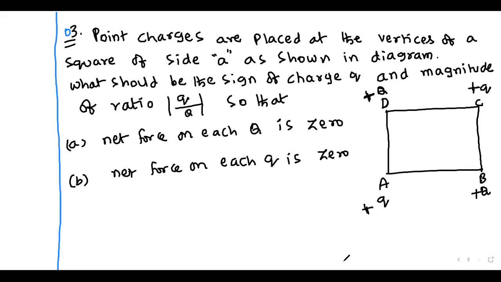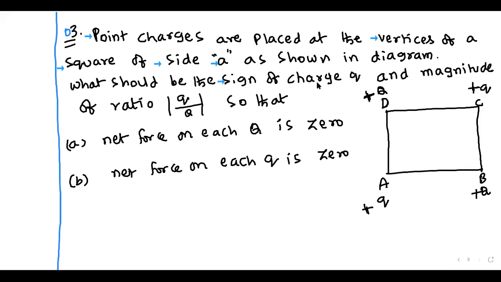Firstly, before going to the solution, see here. We are having point charges placed at the vertices of a square of side A, as shown in the diagram.